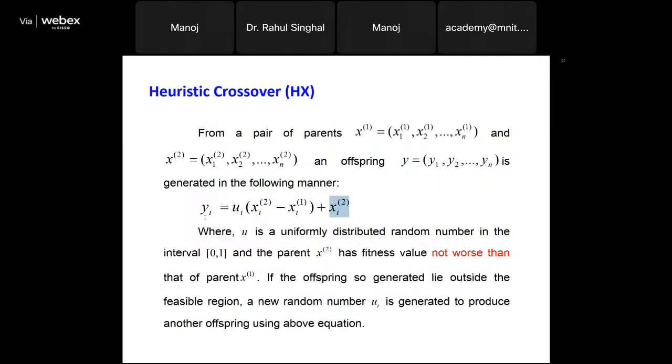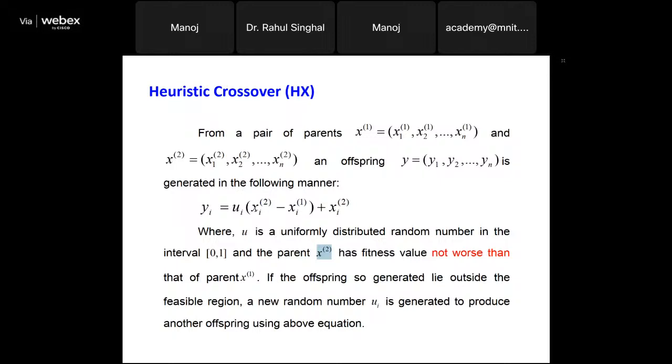Now, how x1 and x2 are chosen is that x2 is the parent which has a fitness value not worse than parent 1. That means when you select two parents, for the sake of nomenclature, x2, the second parent, is the one which has either equal or better fitness.